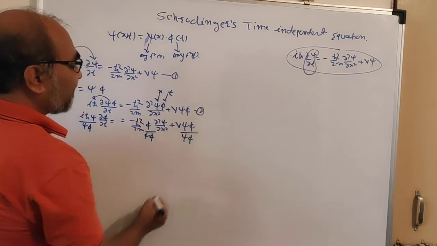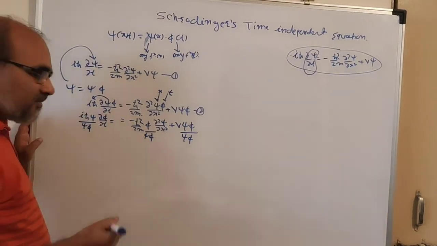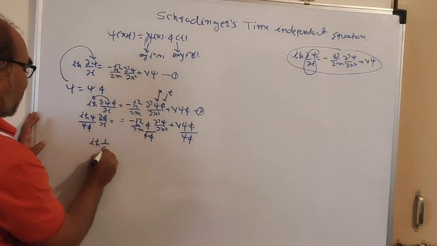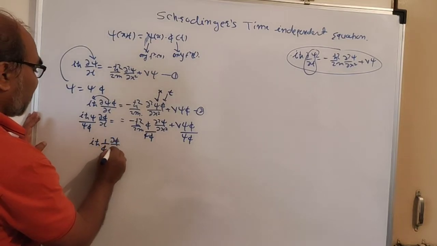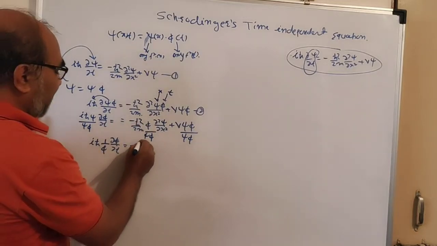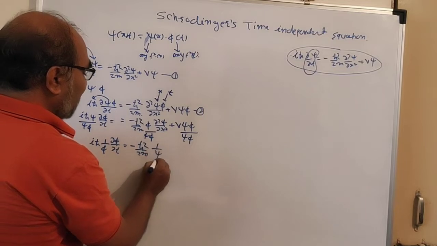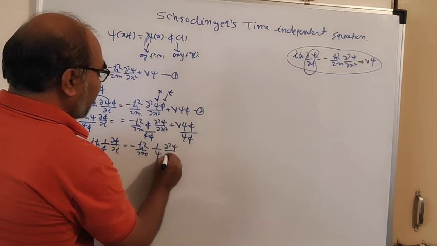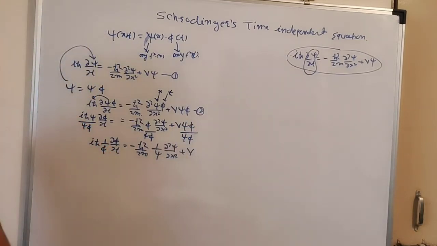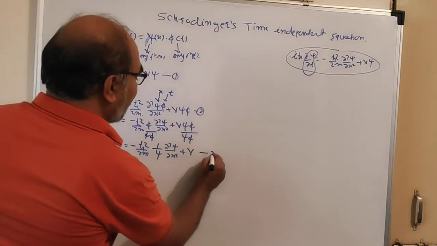So these will cancel each other, here ψ will cancel and it becomes 1 upon φ. So iħ (1/φ) ∂φ/∂t is equal to minus ħ² upon 2m (1/ψ) ∂²ψ/∂x² plus V. Here ψφ will cancel each other. This is equation 3.